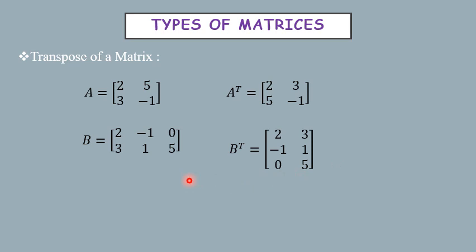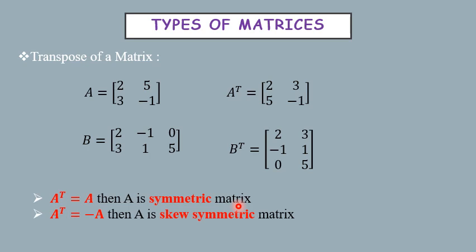Next, one important point: when A transpose is equal to A, when a matrix and its transpose are same, then the matrix is a symmetric matrix. Okay, symmetric matrix means a square matrix in which elements opposite to diagonals are same. But when A transpose is equal to minus A, that means A is a skew symmetric matrix.